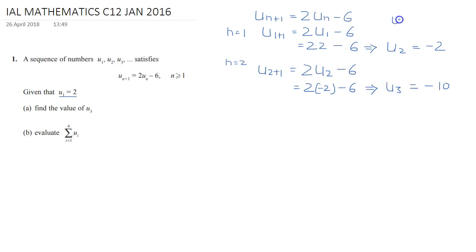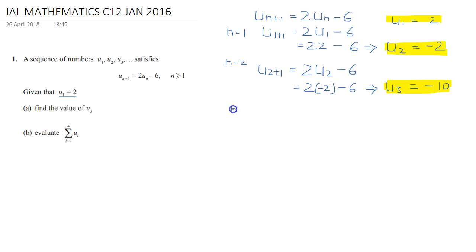So u1 is given as 2, u2 is minus 2 and u3 is minus 10. Here we have to find the value of u4 also, so let's calculate.